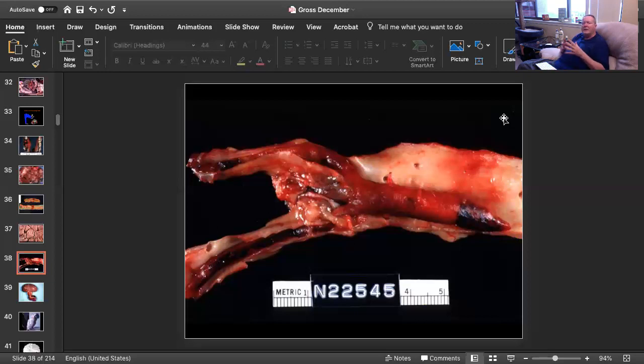The other thing I would mention is that if you have an animal that's in DIC and you've documented this over a period of 48 hours where you can watch the increase in fibrin degradation products, you need to autopsy those animals as soon as they die, because when they're on their way out, not only the procoagulative but the anticoagulative system are going at the same time. So it's throwing thrombi, it's resorbing thrombi at the same time. And if you wait too long, you'll miss a lot of the thrombi.